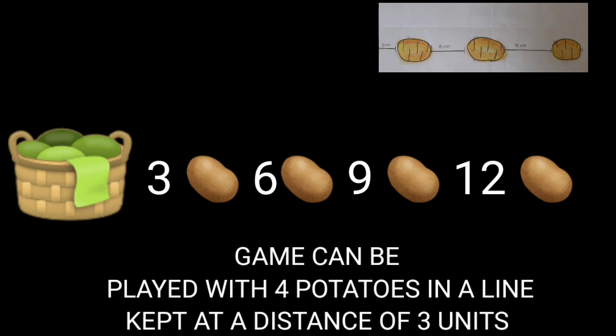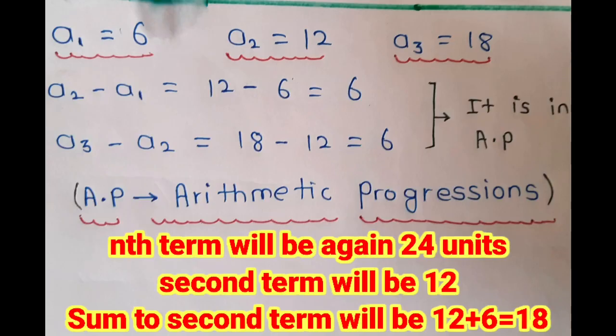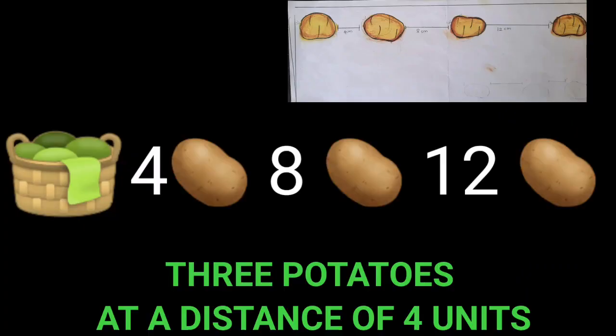The game can be repeated for the second team by placing 4 potatoes at a distance of 3 units. Now ask the child to note down the first term, the second term, and the common difference. Also the nth term.